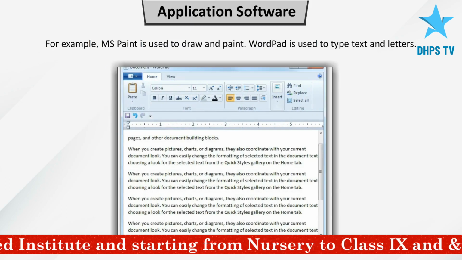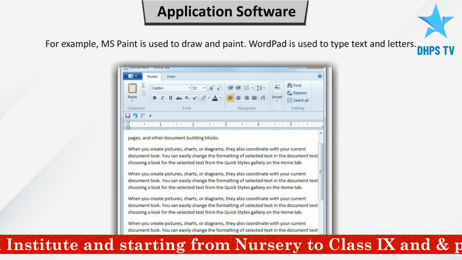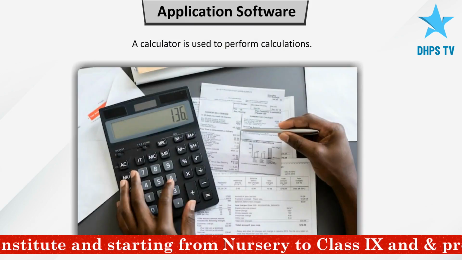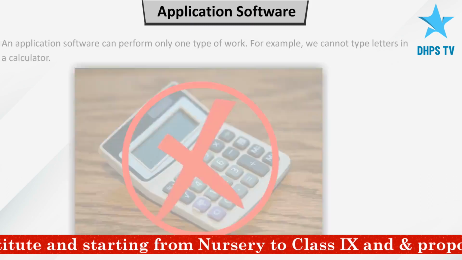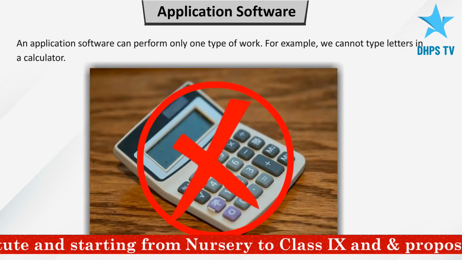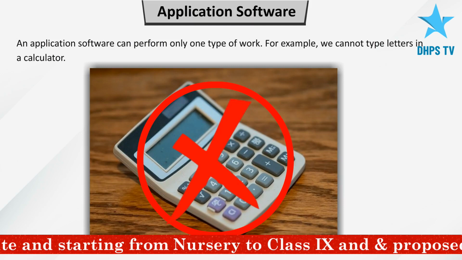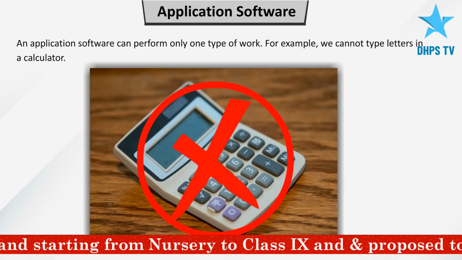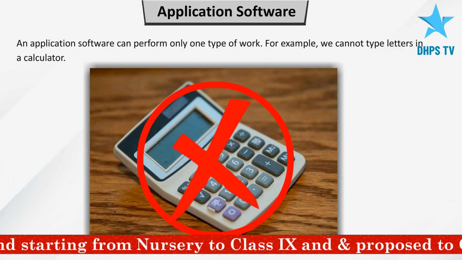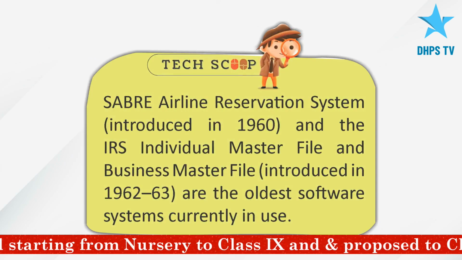WordPad is used to type text and letters. A calculator is used to perform calculations. An application software can perform only one type of work. For example, we cannot type letters in a calculator.